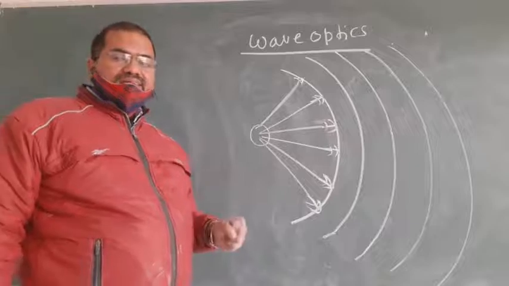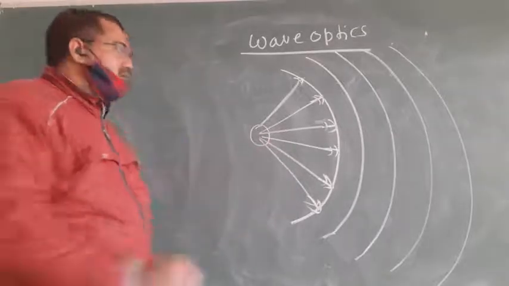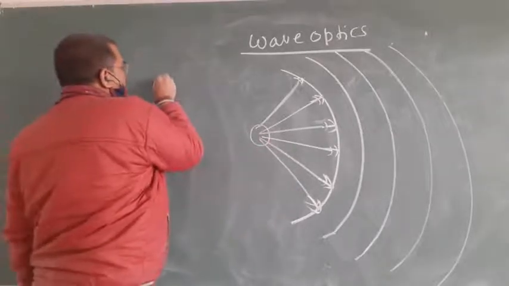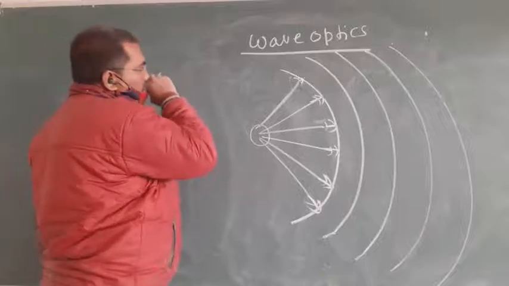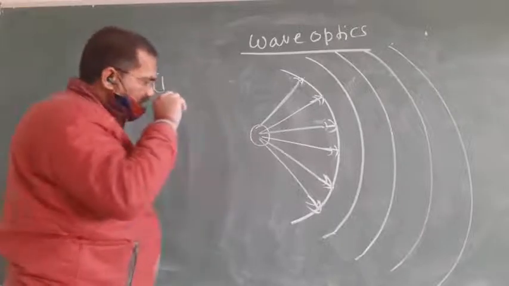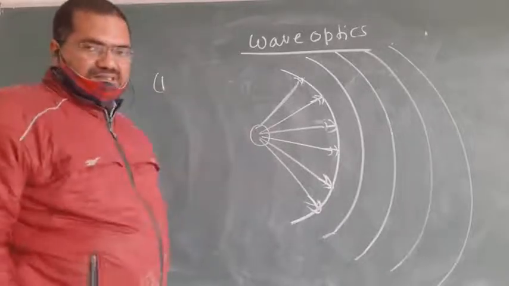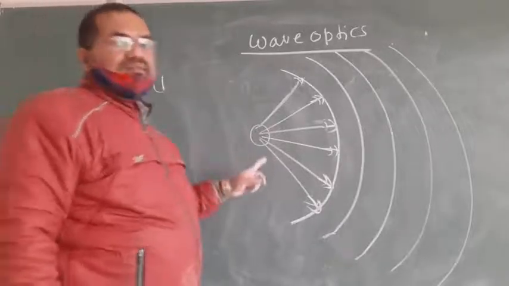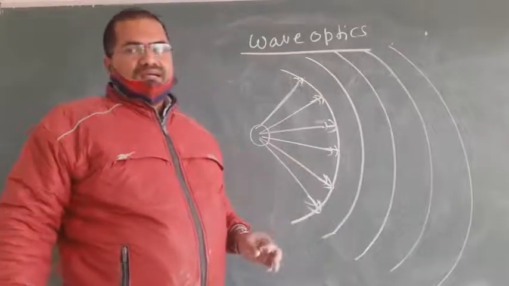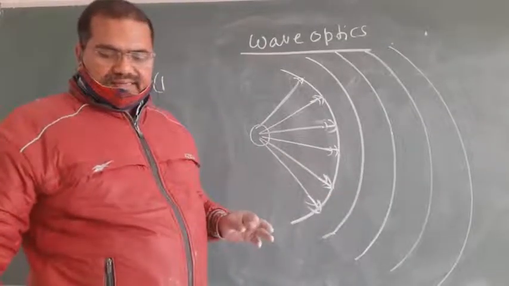So what is the condition for making the wavefront? Very important, you should write here. For making wavefront, line should be perpendicular to the wavefront, and time taken by the rays in reaching the wavefront will be constant, that's same.